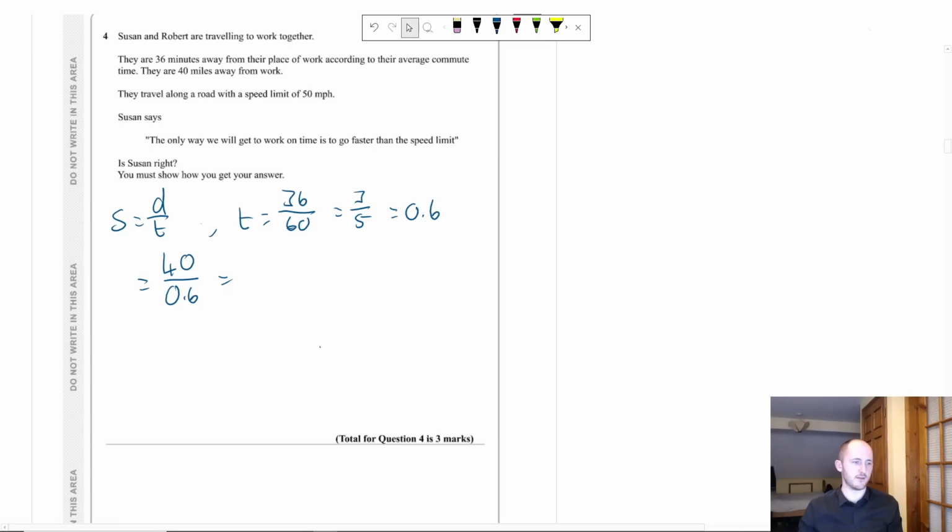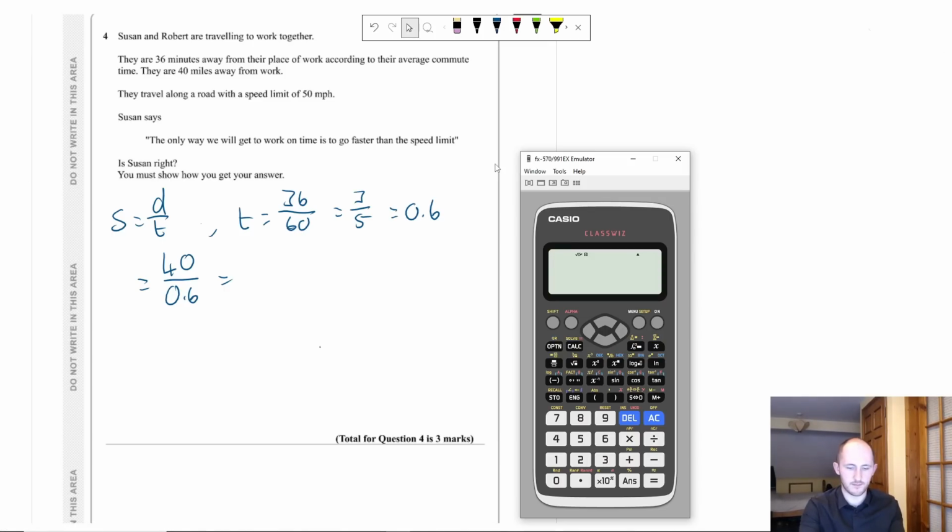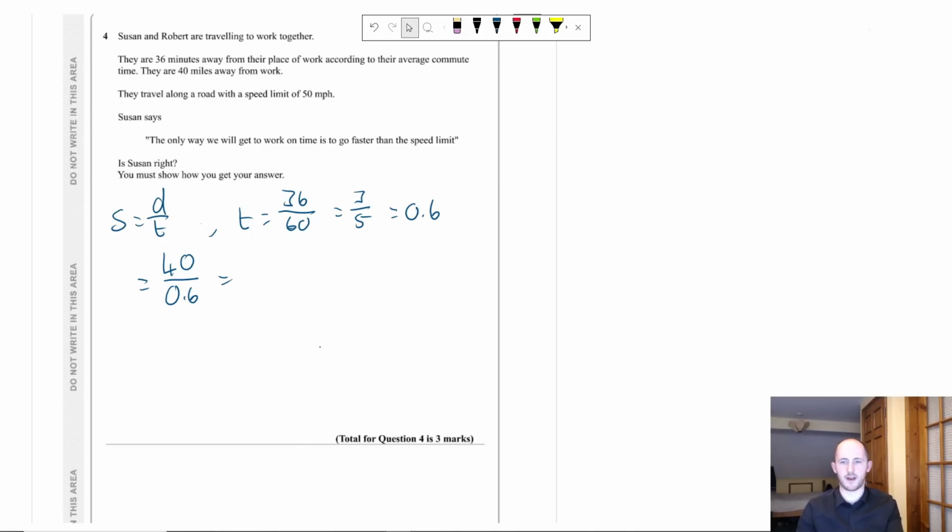And then all you need to do is put that in your calculator and see what you get. So 40 over 0.6, you get 200 over 3, so you get 66.7 miles an hour. Which, if you have a look, is a lot faster than the speed limit of 50. So yes, she is correct in that regard.